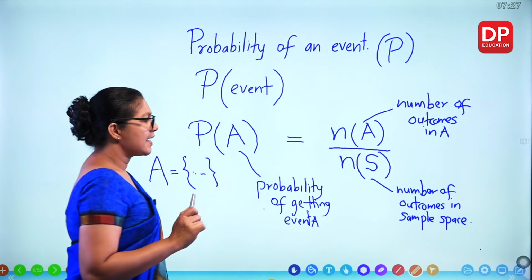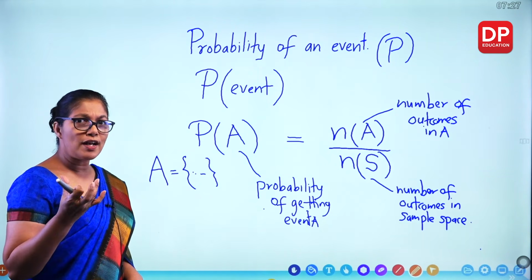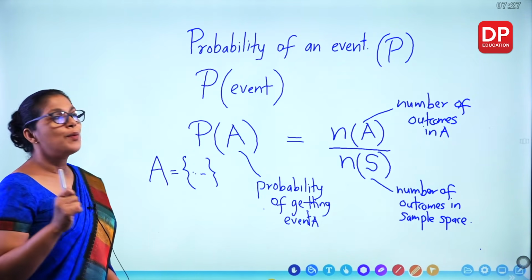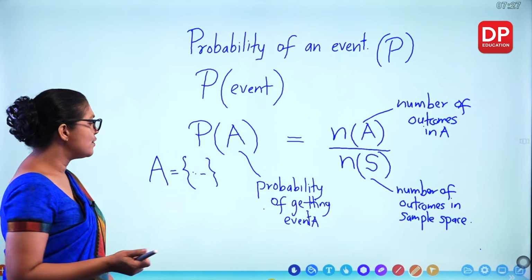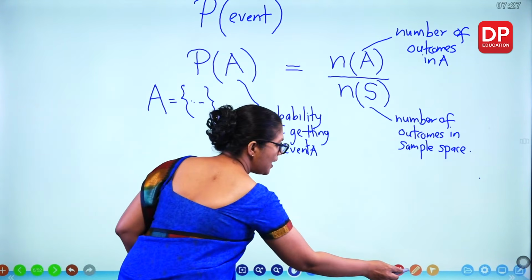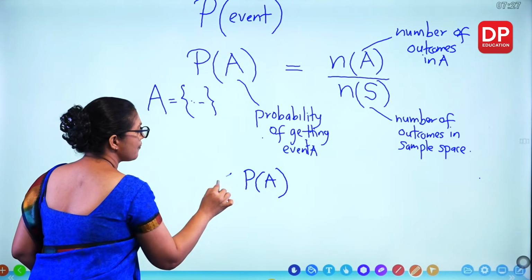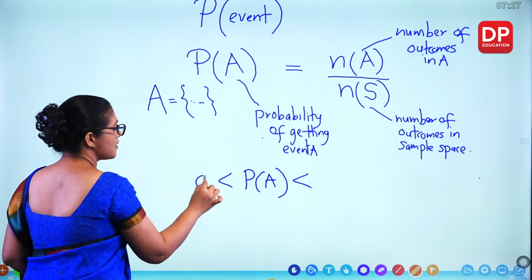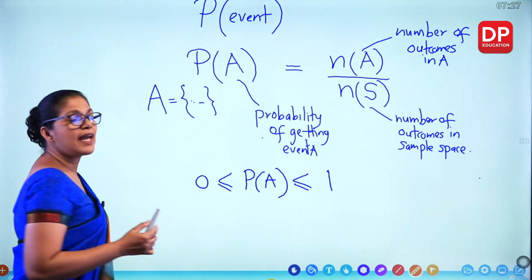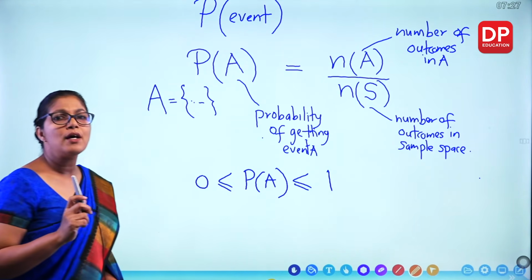When you take this, the number is always a small number, less than 1. So you need to remember that when we are calculating probability, values lie between 0 and 1. You can get a fraction or only the whole number 1.